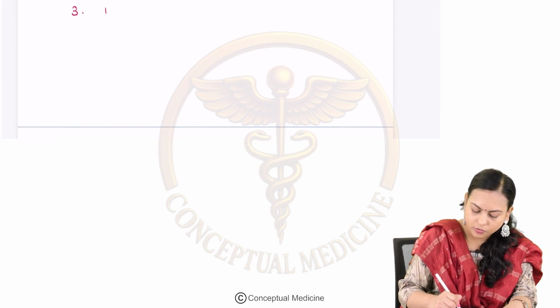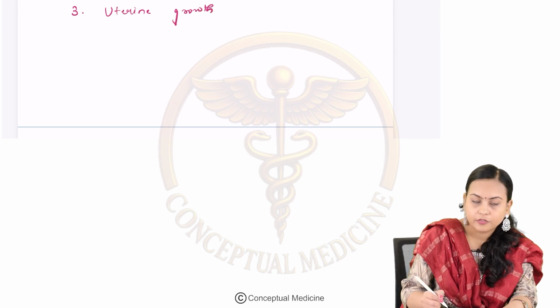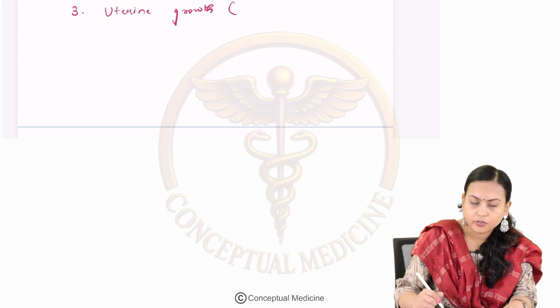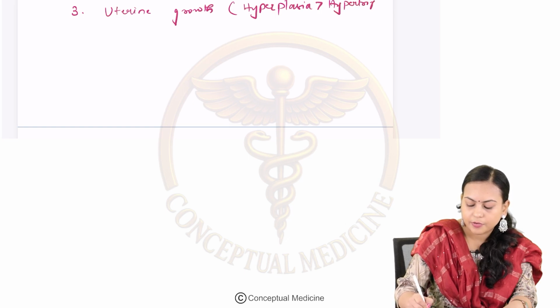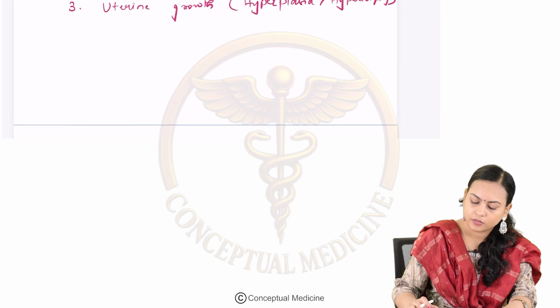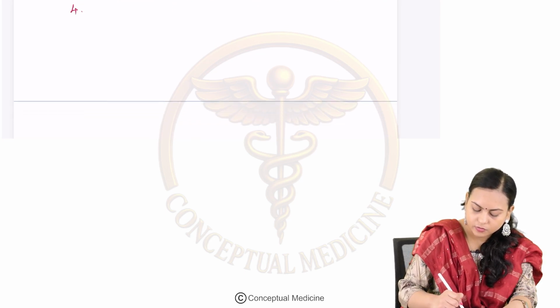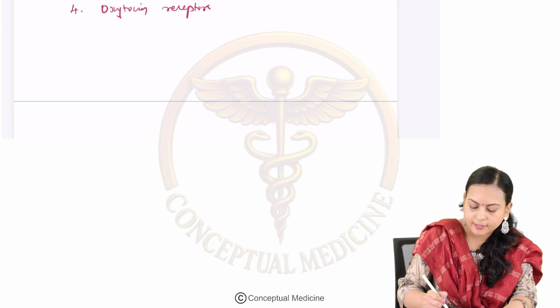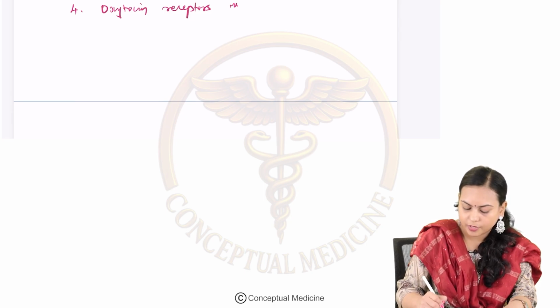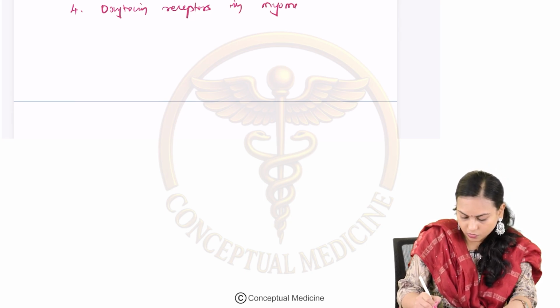And then estrogen is also going to bring about uterine growth. We know the uterine growth in pregnancy happens more by hyperplasia than hypertrophy. And also it brings about oxytocin receptors in the myometrium.